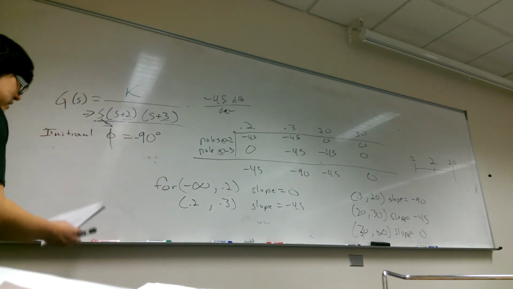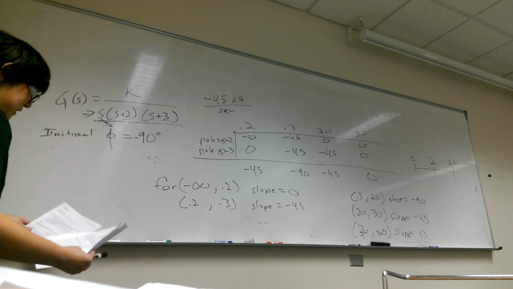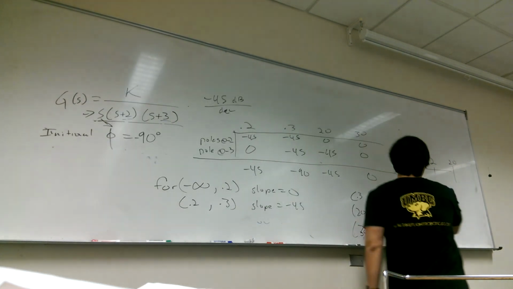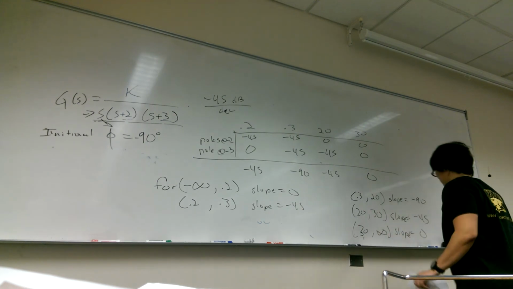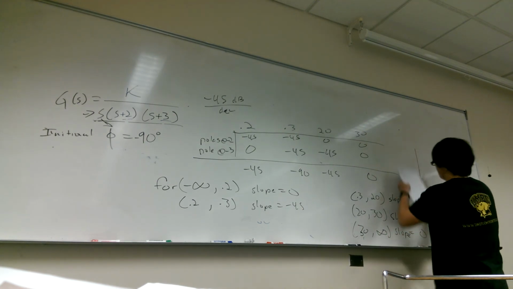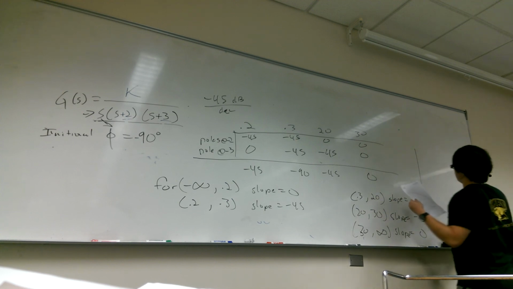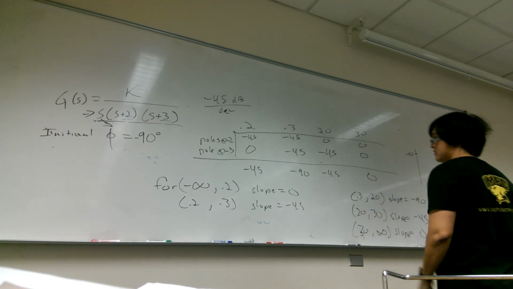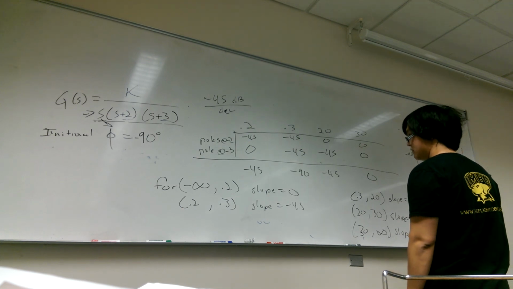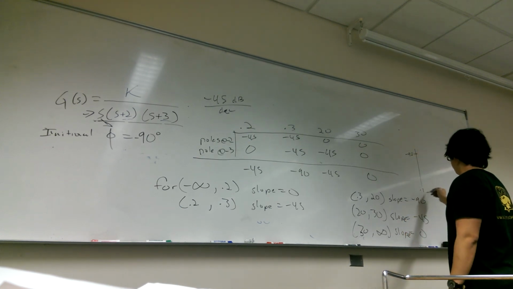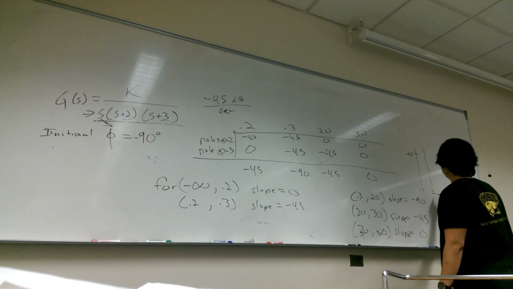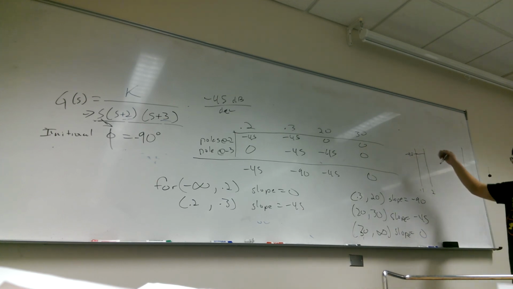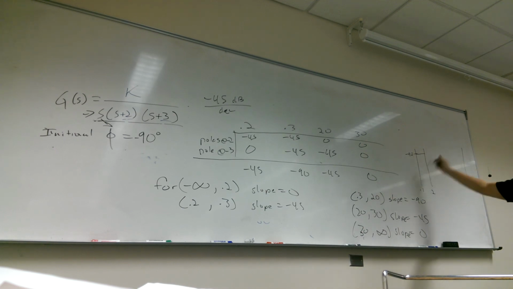I can draw a mock Bode plot right now just so people get an idea what's happening. It's going to be very terse and crappy. Let's say this is negative 90. From 0.1 to 0.2, it's just flat. Then from 0.2 to 0.3, a slope of negative 45.